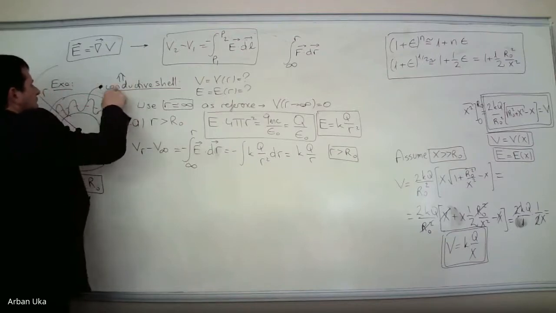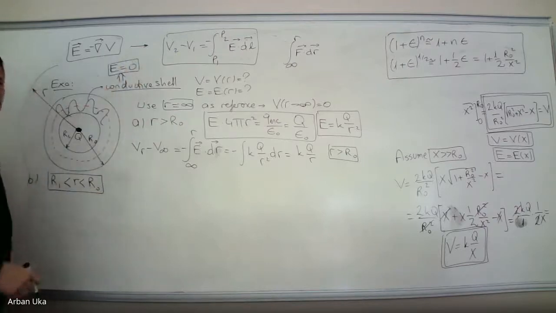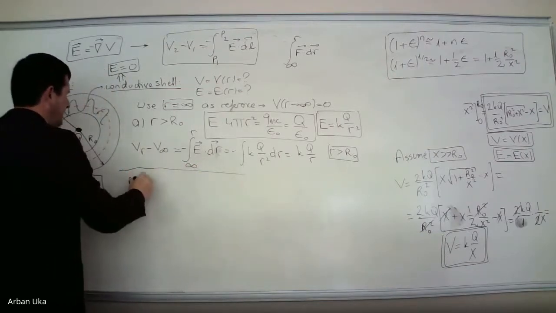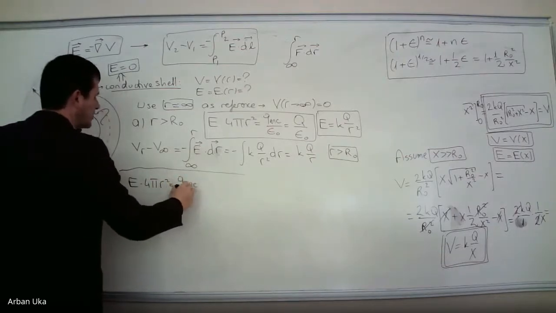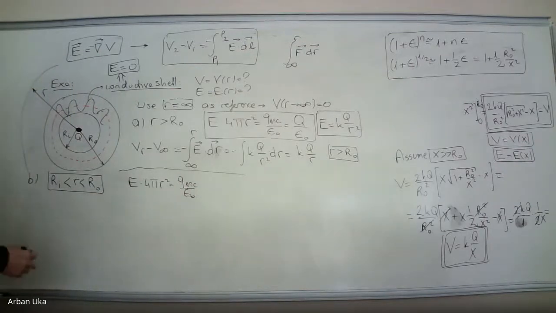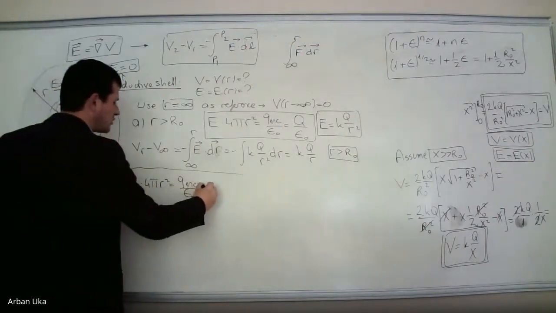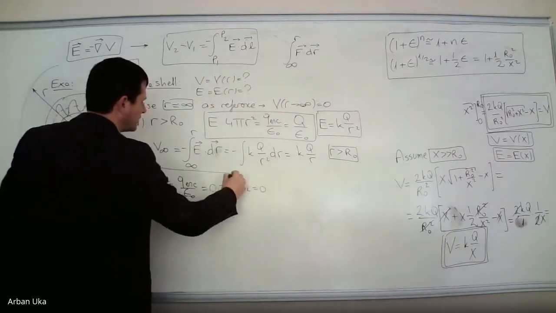So immediately, just because we know this, we can say that the electric field is equal to 0. Now, we can also write this expression again, which will be E times 4 pi r squared equal to Q enclosed over epsilon 0. But if E is equal to 0, it has to be because it's a conductor. So you equal this to 0, and immediately you also get this 0, which implies that the enclosed charge is 0.